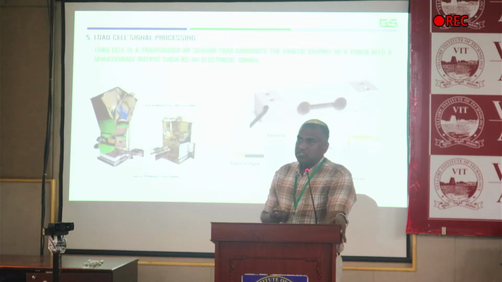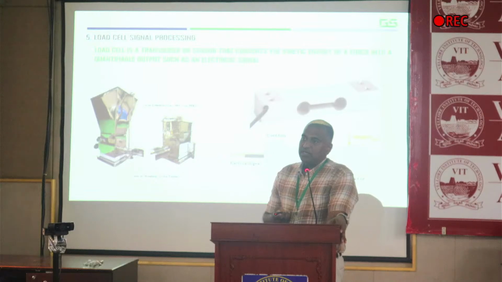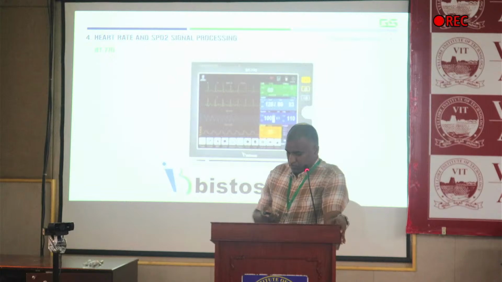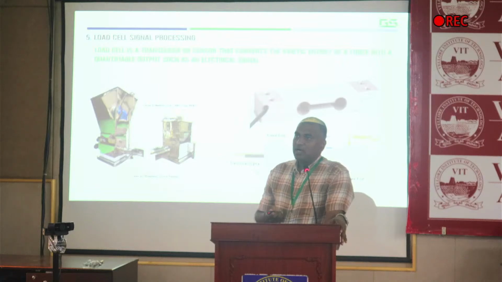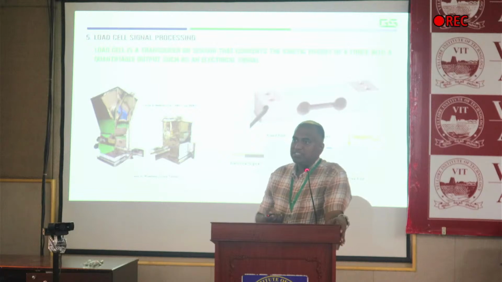These load cells will be used here in a loss-in-weight screw feeder. For mixing or coating, the liquids or powders will be placed here. There will be a screw feeder, which will process the powder and send it from here.